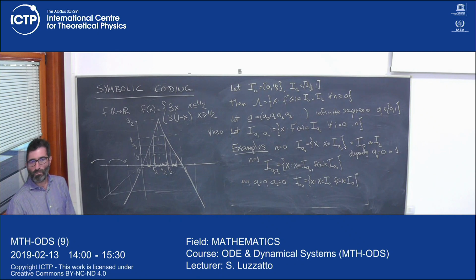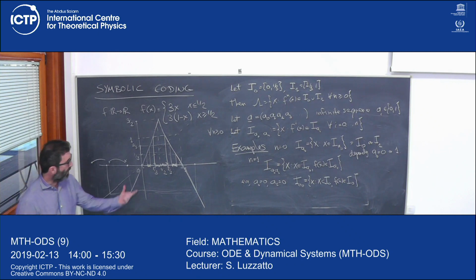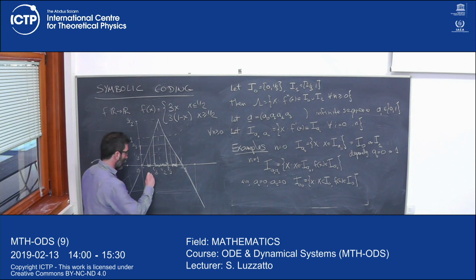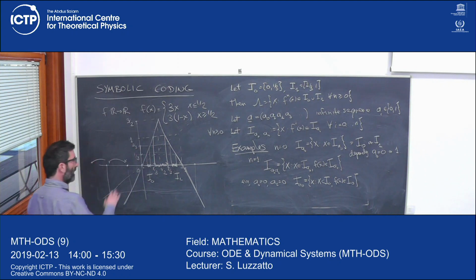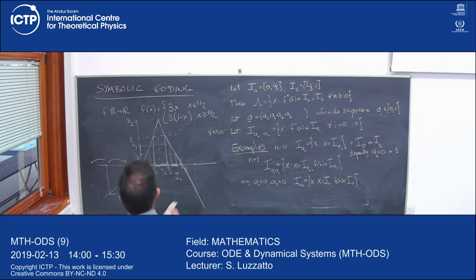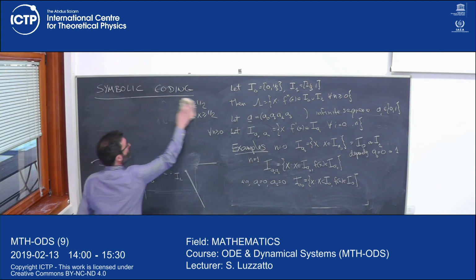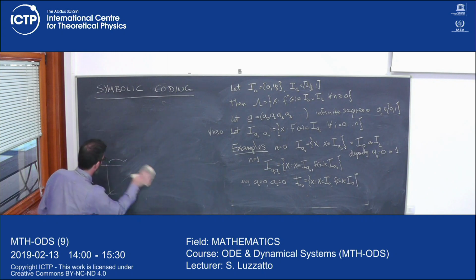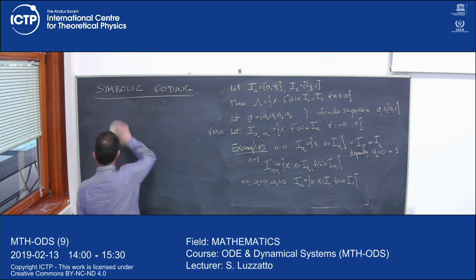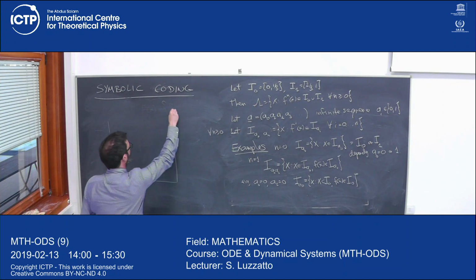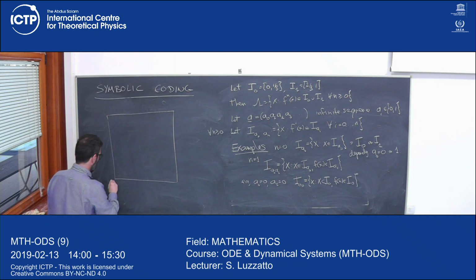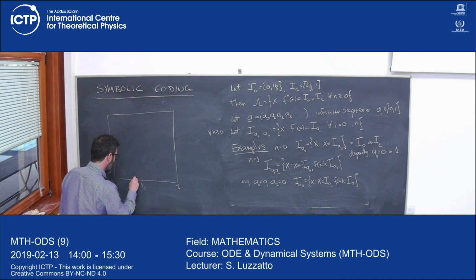So you look at the points in I0. This is our I0, and this is our I1. Let me redraw the picture cleaner, because this is a bit messy, and restrict to the part we're interested in. So this is 0, 1, this is 1/2.